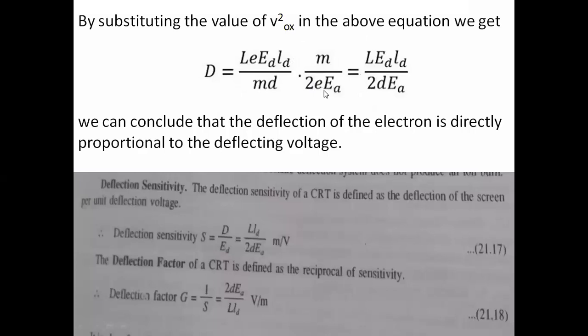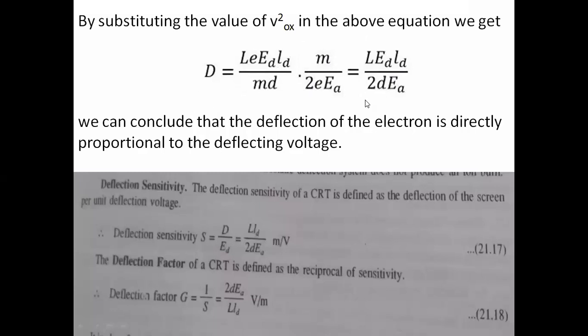By cancelling, we get L into ED into LD by 2D EA.